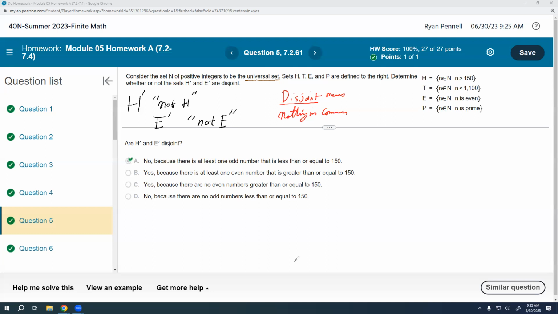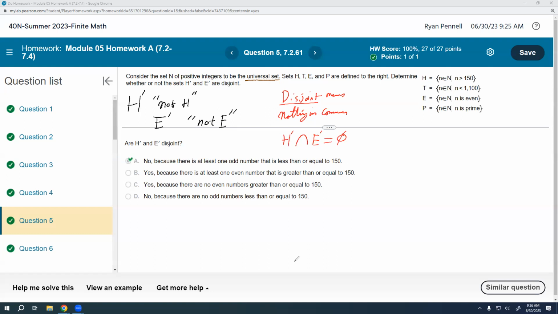Two sets are disjoint if they have nothing in common. Okay, and we talked about in common, right? In common was the intersection. So that would be H and E complement. They would be disjoint if they have nothing in common. That would make this the empty set. So we're seeing, is that true or not in this case?